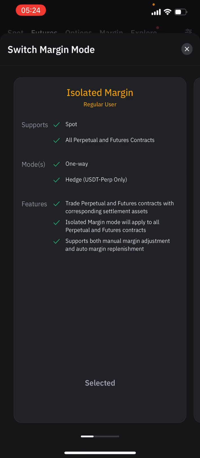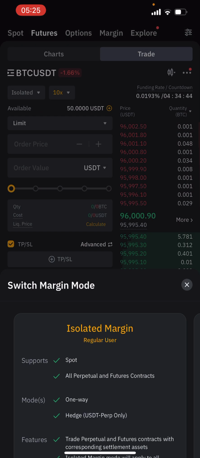But in cross margin, it is very much possible you lose more than that, because once the trade is not really going your way and it has exceeded the amount you put on the trade, it crosses to your other accounts, which is somehow risky if you don't know how to use it. So every time, just use isolated margin. Make sure it is selected.